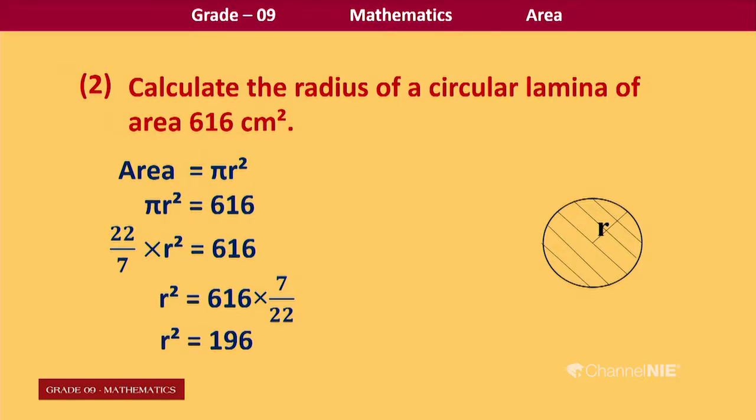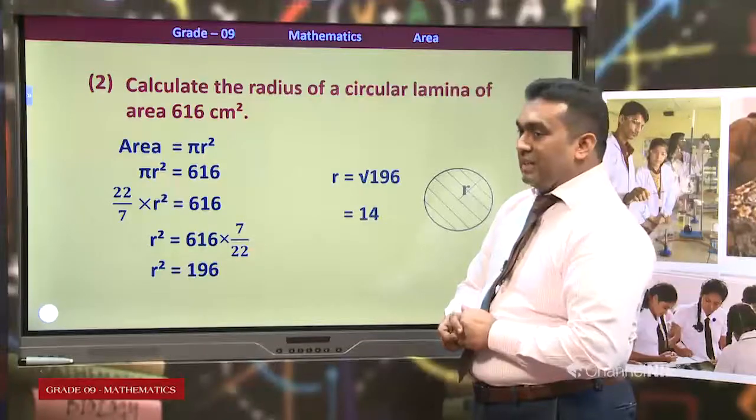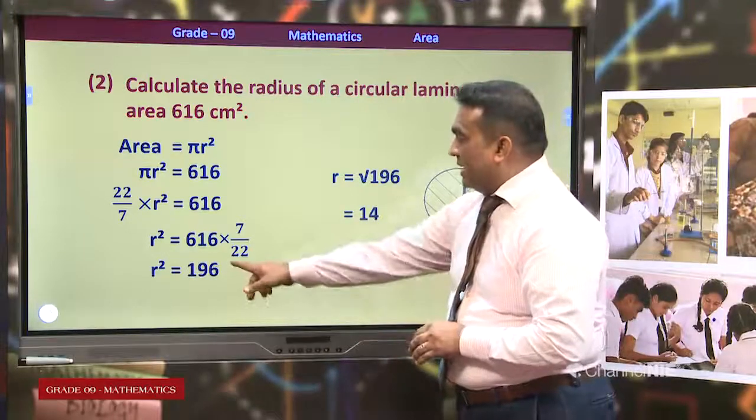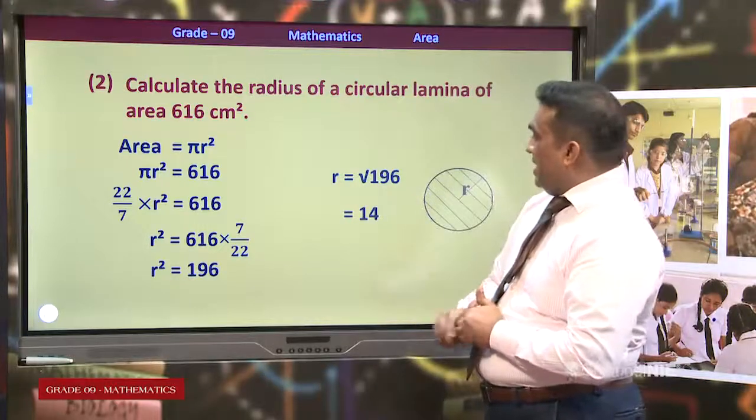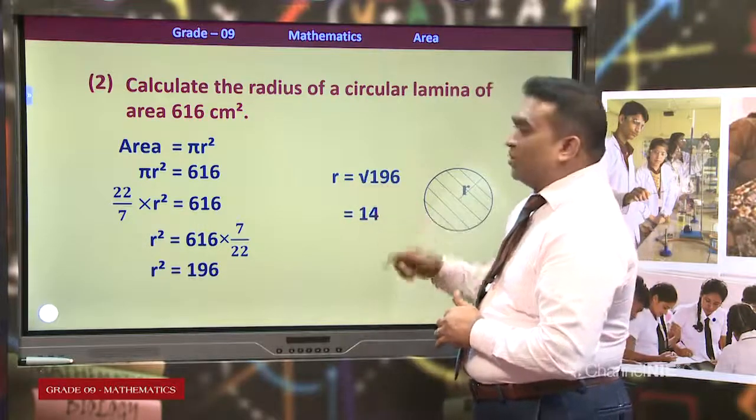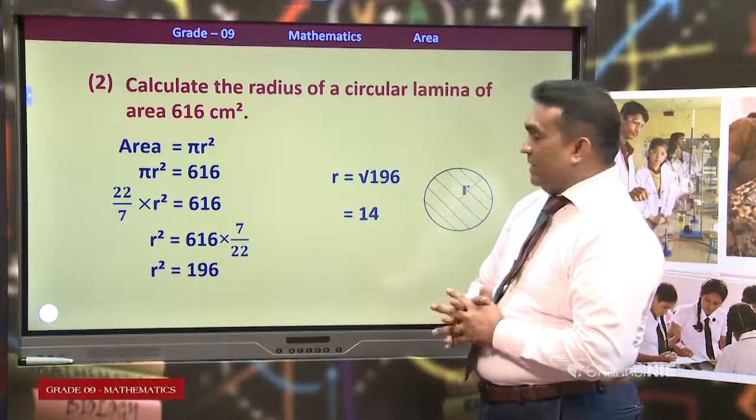We know that 196 is a square number. What is that square number? 14. It means finding the square root of both sides, you can find out radius as 14 centimeter. R squared equals 196. R equals square root of 196.